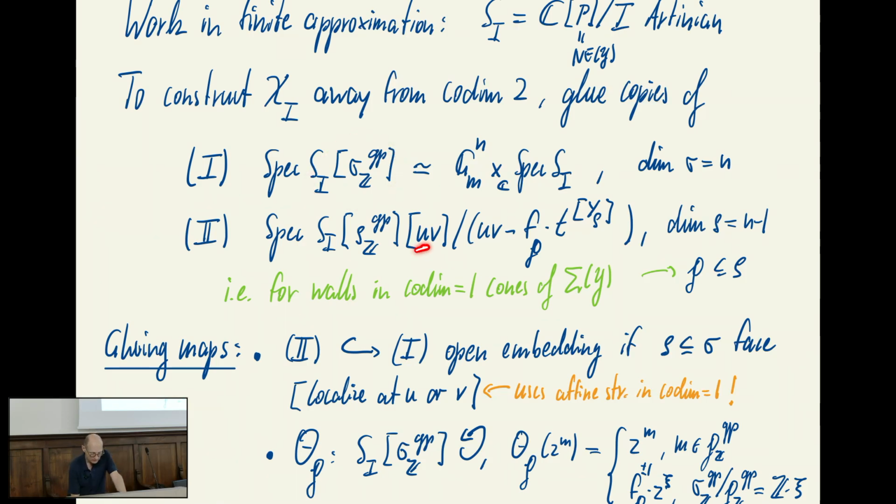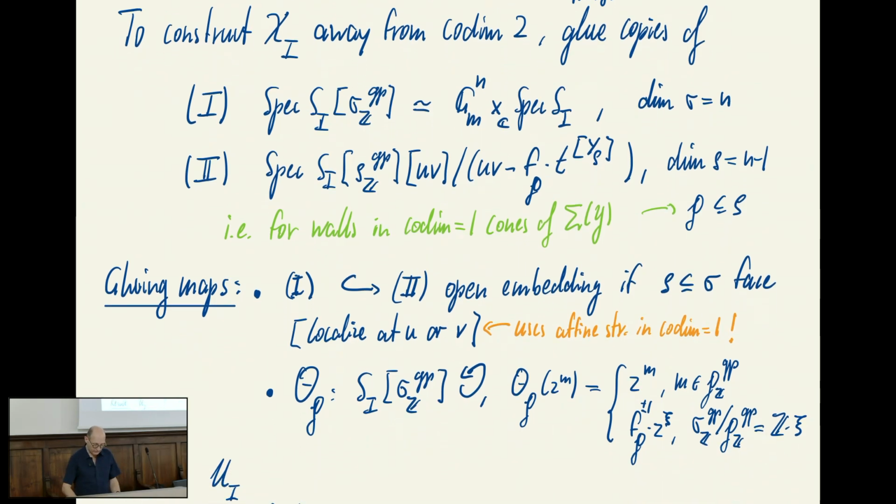So U and U inverse will be the missing coordinate in the Laurent polynomial. You go from a G_m to n-1. That's here, a G_m to n-1 cross Spec Si. And then you localize that at U or V, you get the missing G_m. So there are these open embeddings of 1 into 2. The rings go the other way, but this 1 and 2 is an open embedding.